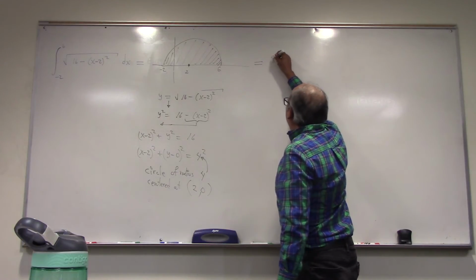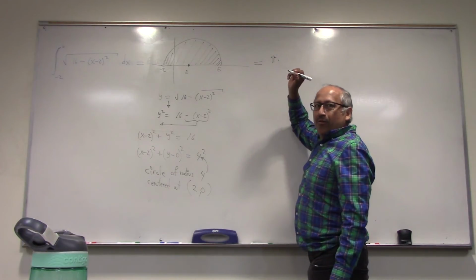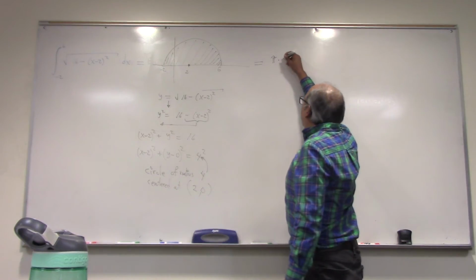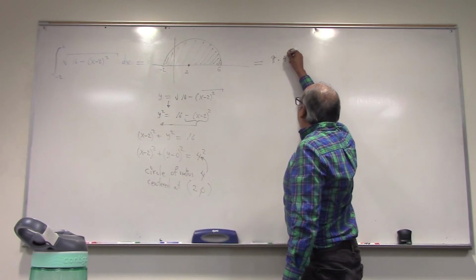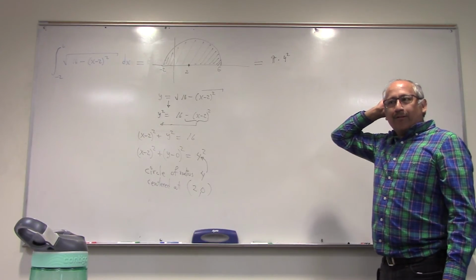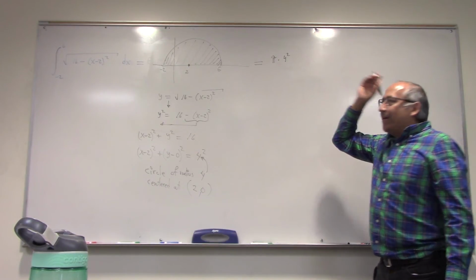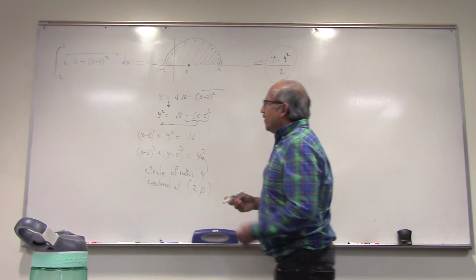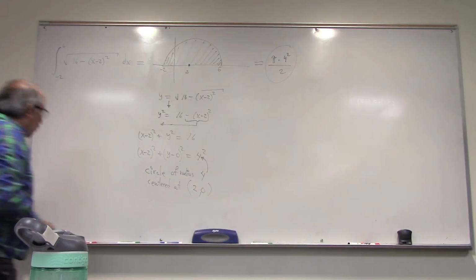Very good. Pi r squared. In this case, pi times 4 squared. But this will be the area of the whole circle, and I don't want that. What I want is half of that. And that's the answer. Alright guys, now you can go ahead and copy.